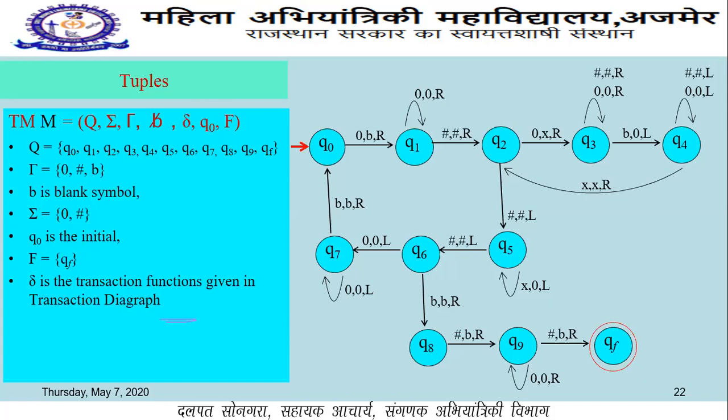Your input is given in 0 and hash format: m occurrences of 0 separated by hash, further n occurrences of 0 and hash. Our q0 is the initial state which we assume, and qf is our final state, and this is a transition diagram.